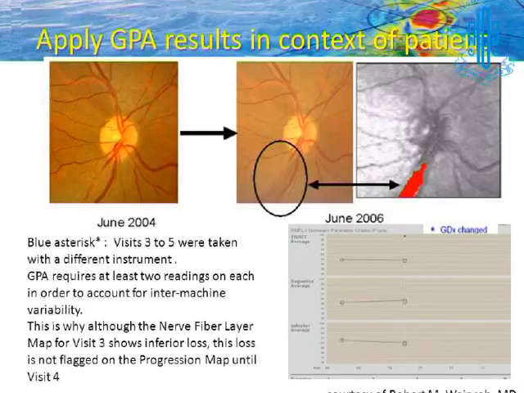Then in the parameter table, the summary is given here, and because there was no significant change, it was plotted as a straight line. And then you have to compare the findings with the patient's own finding, and here you can see the small wedge defect in the inferior part.